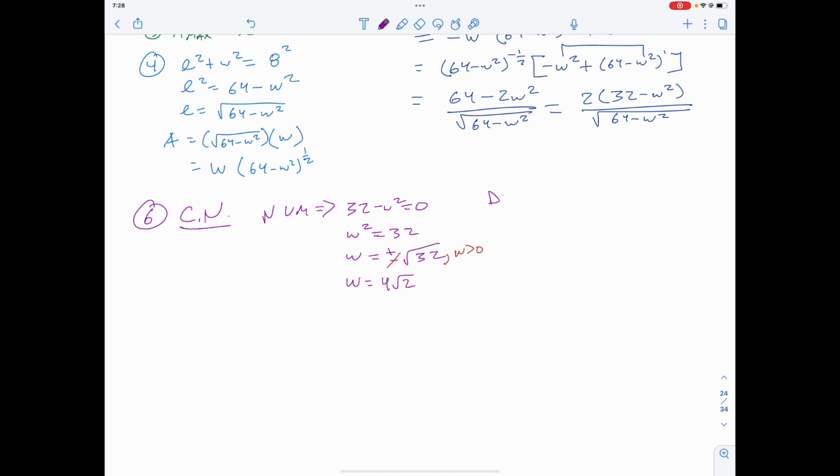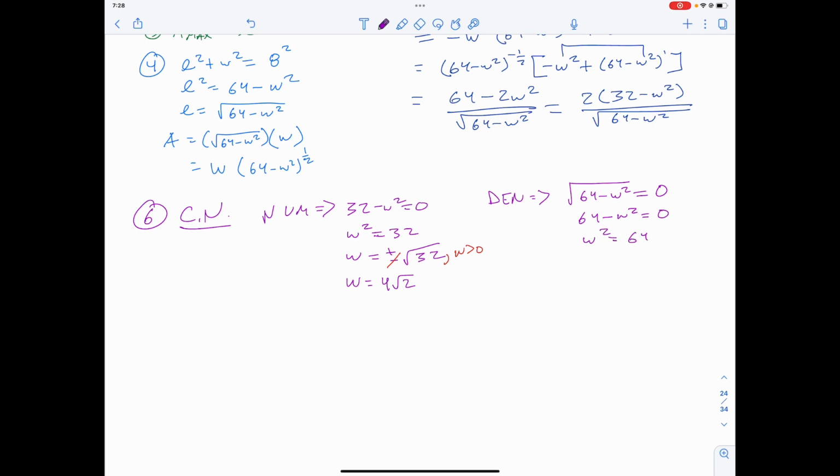From the denominator, I'm going to have the square root of 64 minus W squared is equal to 0. 64 minus W squared, when I square both sides, is equal to 0. W squared is equal to 64.